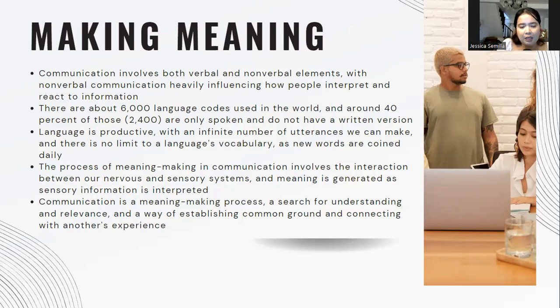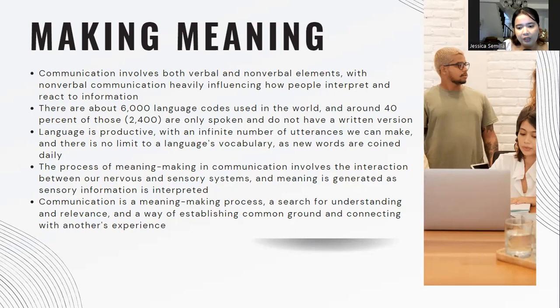So the process of meaning making in communication really involves the interaction, and that's what we talk about in pragmatics, between our sensory parts of our body, which talks about our neurons and sensory system, and meaning is generated from those senses, from what we hear, what we see, and what we feel out of the word. So communication is really a meaning making process.